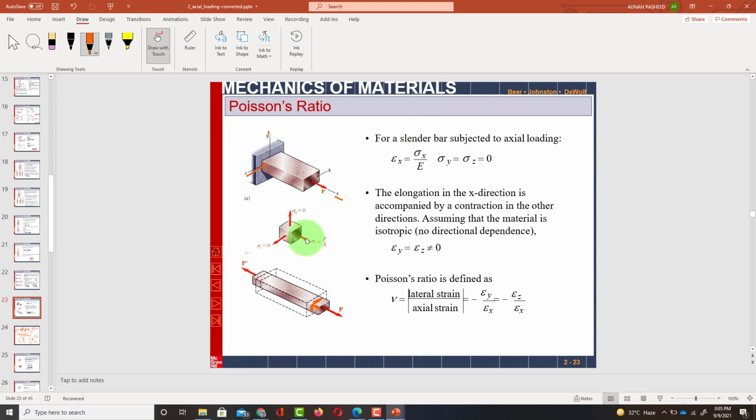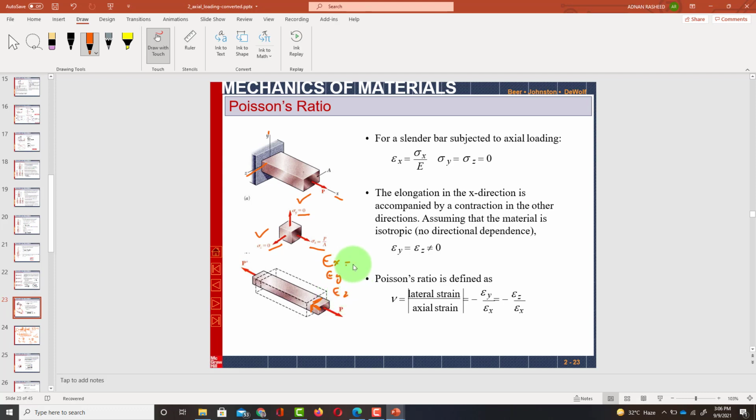If you simplify it, load in x direction is given, and there is no normal load in y and z direction. In this scenario, there will be three strains: epsilon x, epsilon y, and epsilon z.